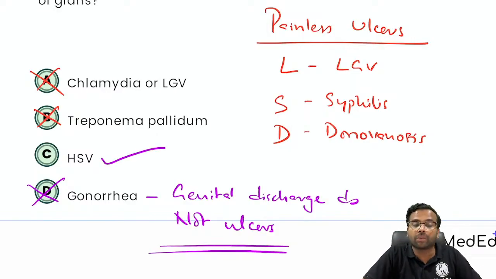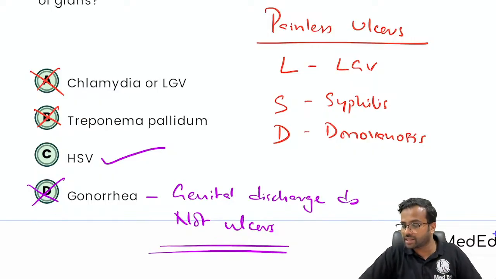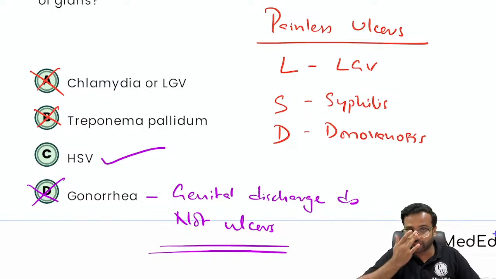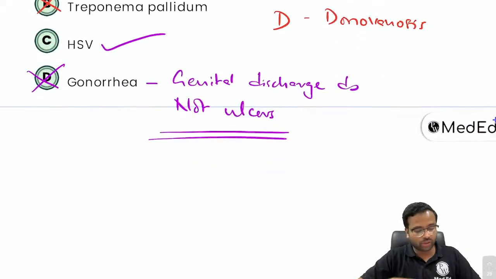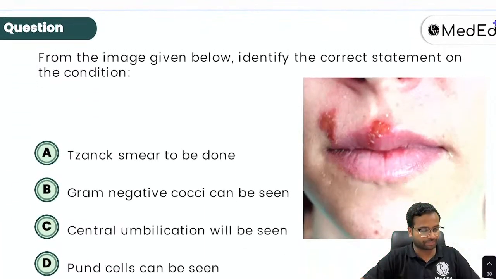It should be herpes simplex virus, which causes herpes genitalis. So whenever you go and solve any of the MCQs, please try to apply the logic that you have learned, so that you will be confident after answering that this is what you have got right. Yeah. So now let's go to the next question.